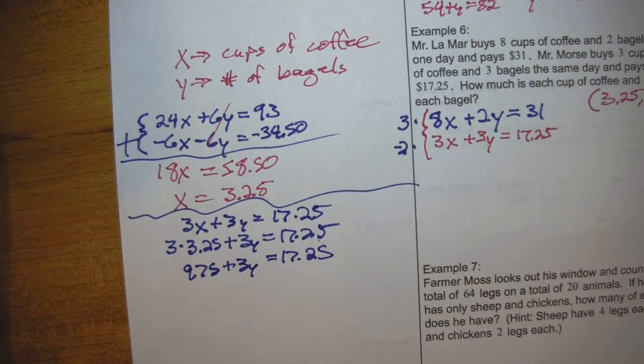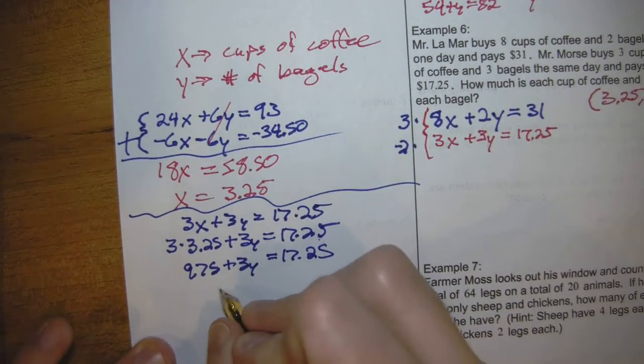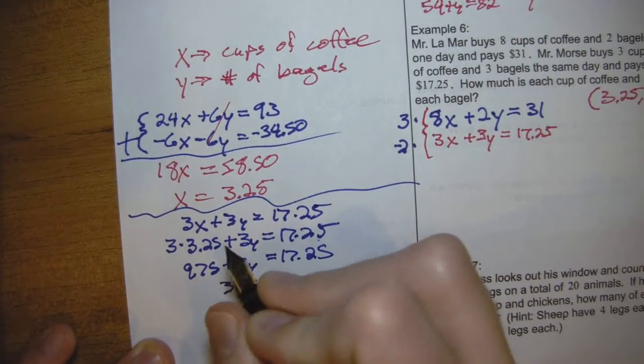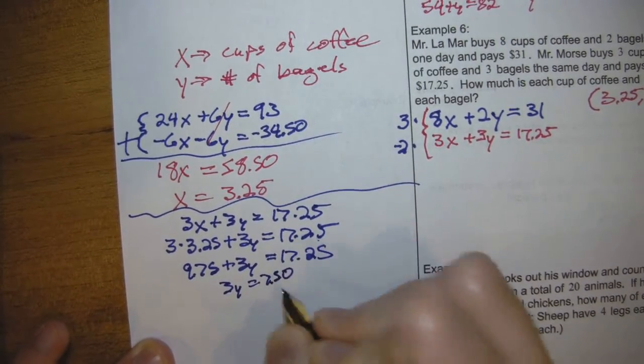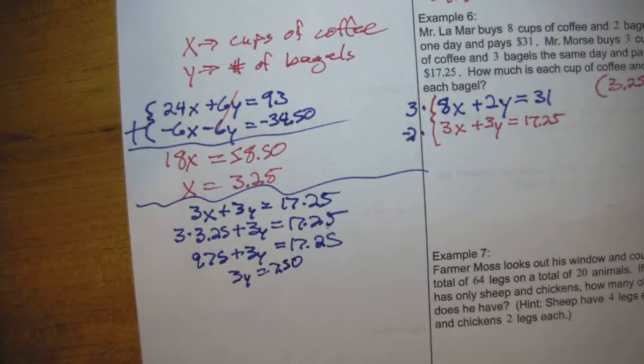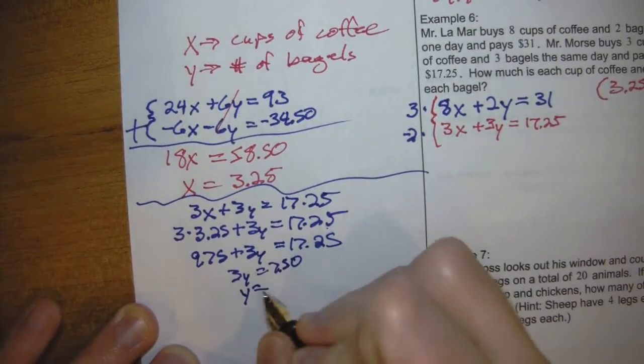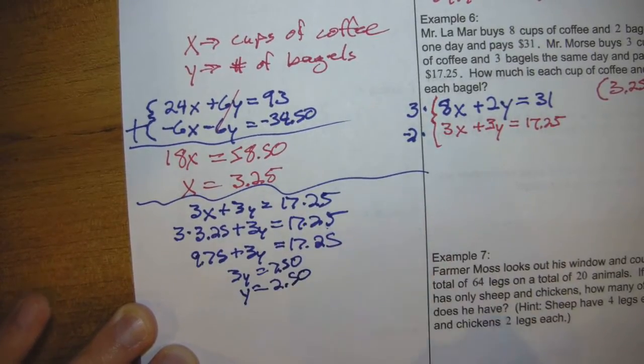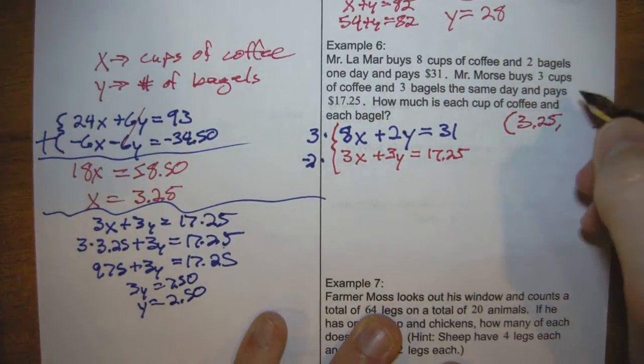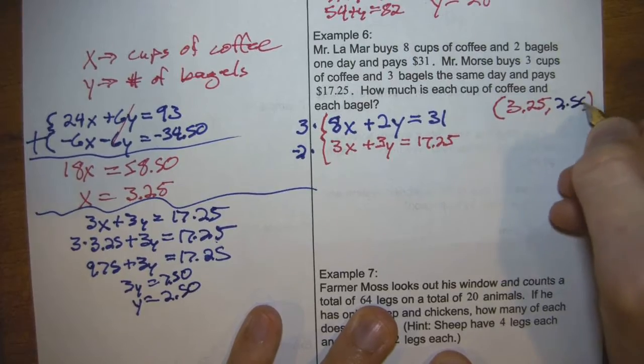So 17.25, we'll subtract our 9.75, and what is that, $7.50? 3y equals $7.50. We'll go ahead and divide that by our 3. So each, what was y again? Y was bagel. Each bagel cost looks like $2.50. So our other number here is $2.50.